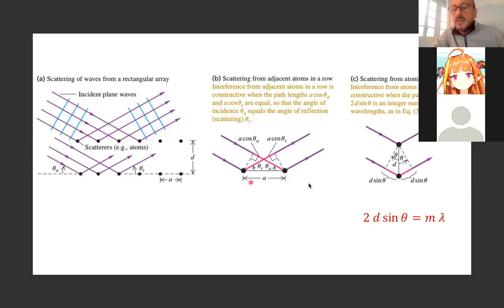But in addition, if this particular angle is such that the difference in path coincides with this relation, now these and these will also be in phase. So you will have an increased amplitude for that reason.